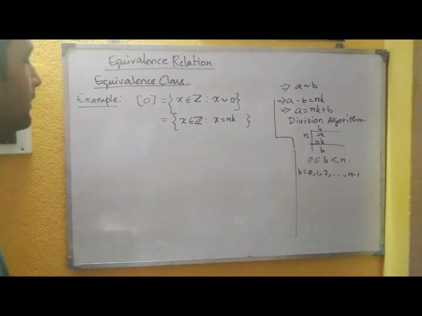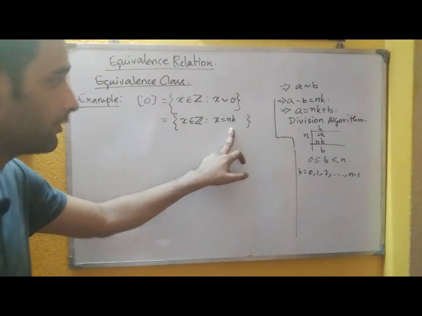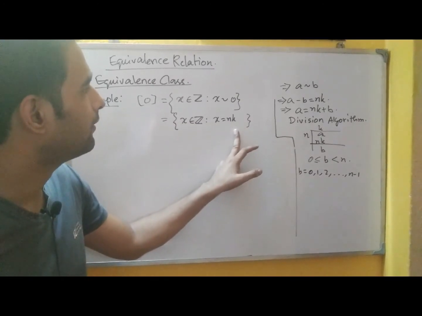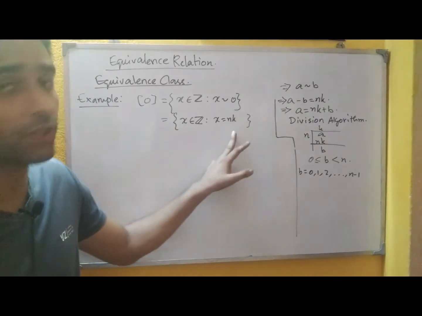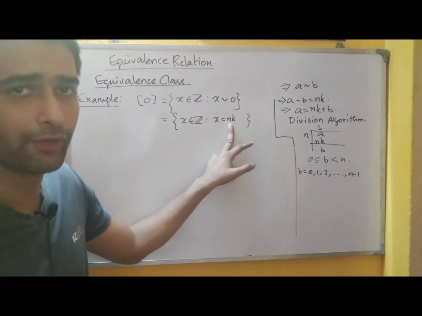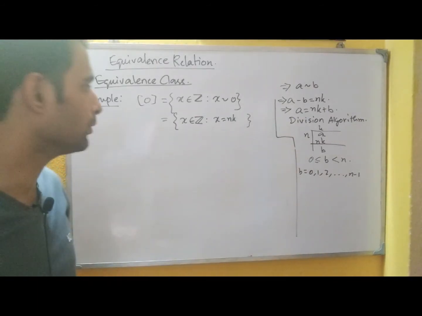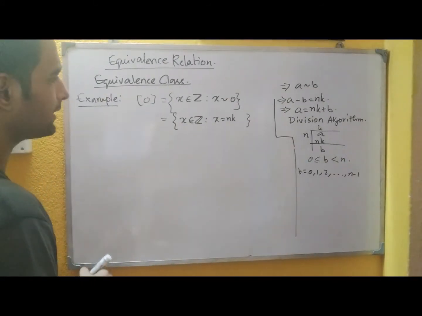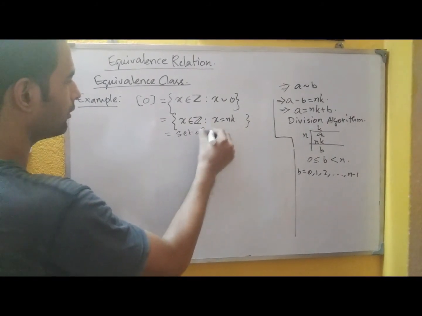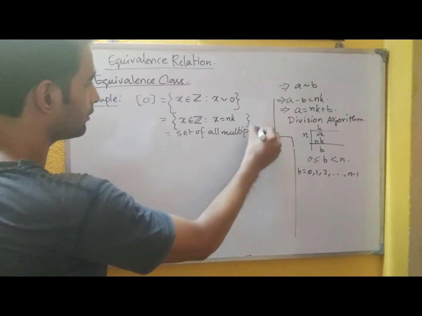So for 0 class, the elements are the multiples of n, because whenever we are taking multiple of n, then only subtracting 0 we will get a multiple of n. Or we can say if you divide a multiple of n by n, it will leave no remainder or remainder 0. So we can say class 0 is a set of all multiples of n.